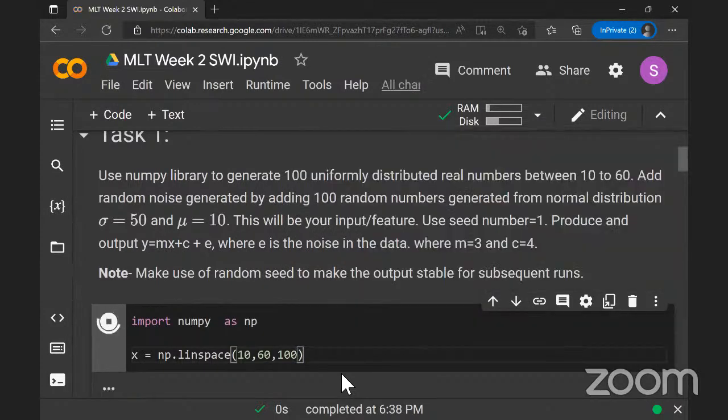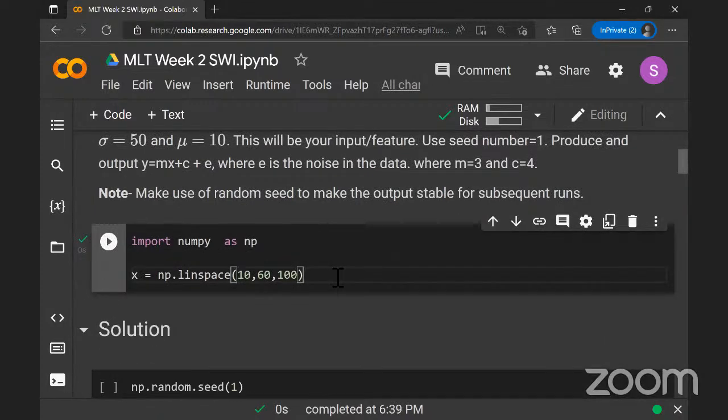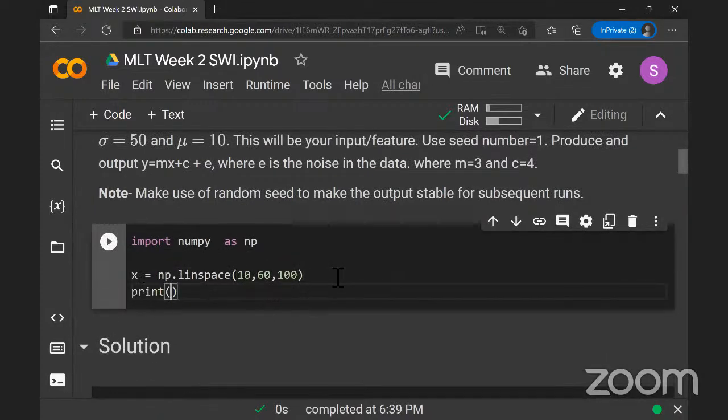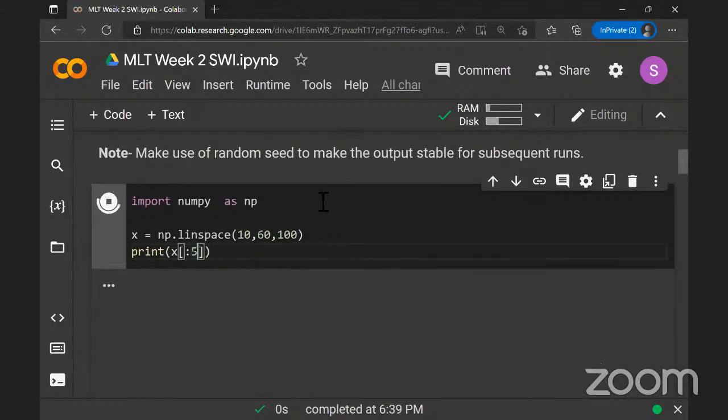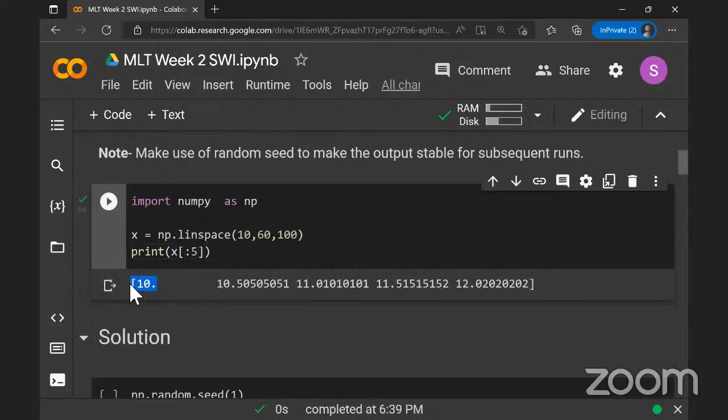So if I execute this one and print some of the numbers, let's say just the first 5 numbers. So the first number starts from 10. The second number is this one. The third number is this one.